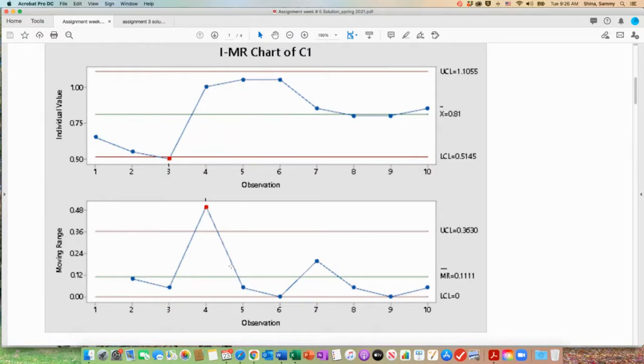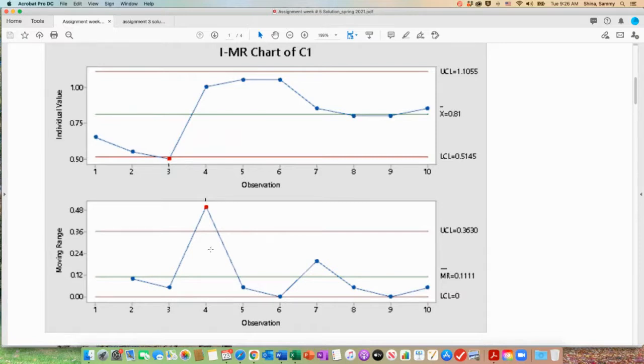Then what we do is we take 2 successive measurements, and that's the moving range system, 2 successive measurements, and convert that to sigma of the population using the R bar over D2 estimator.